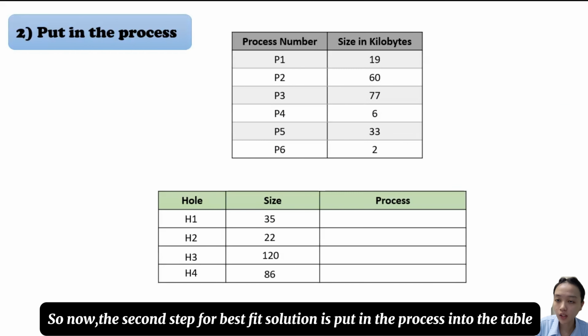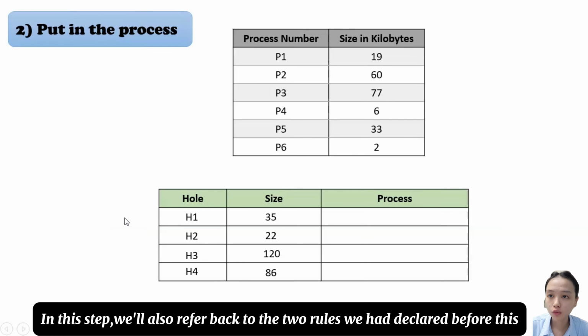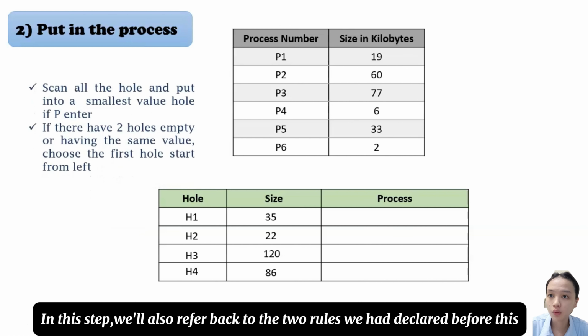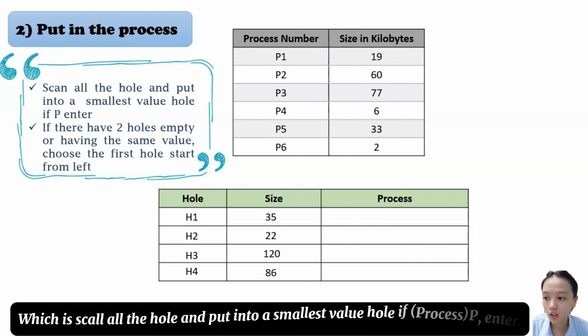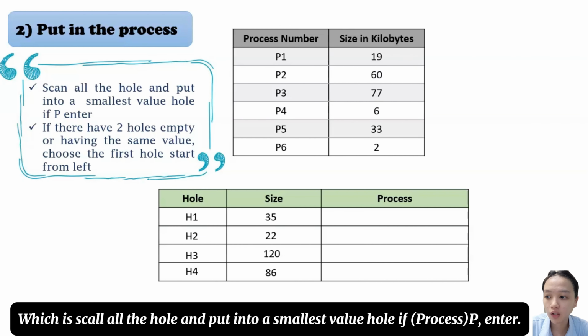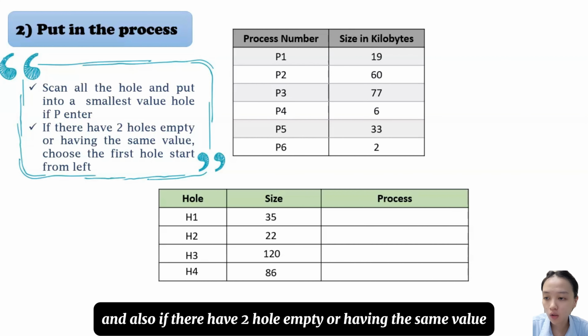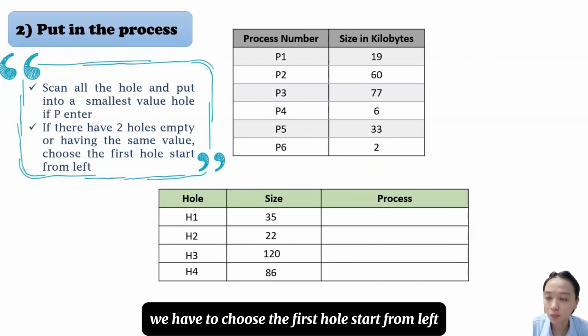So now the second step for the best fit solution is to put the process into the table. In this step, we will also refer back to the two rules we have declared before, which is scan all the holes and put into the smallest hole that the process fits, and also if there are two holes empty or having the same value, we have to choose the first hole, starting from the left.